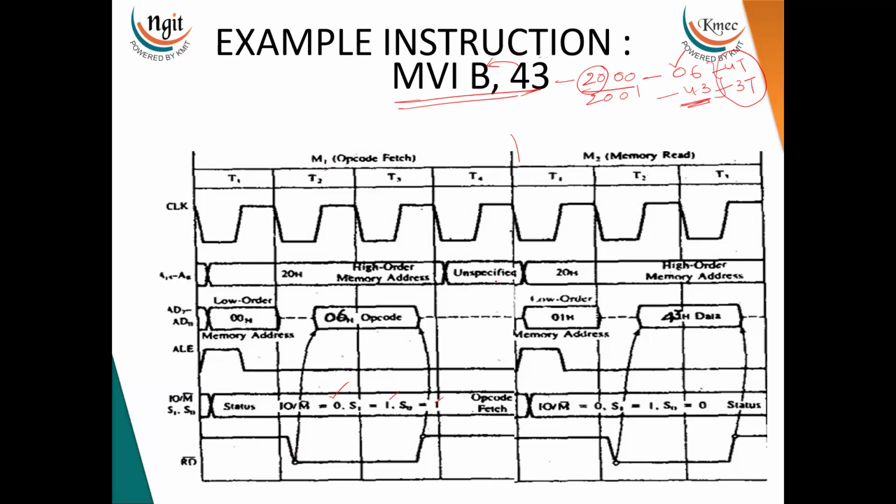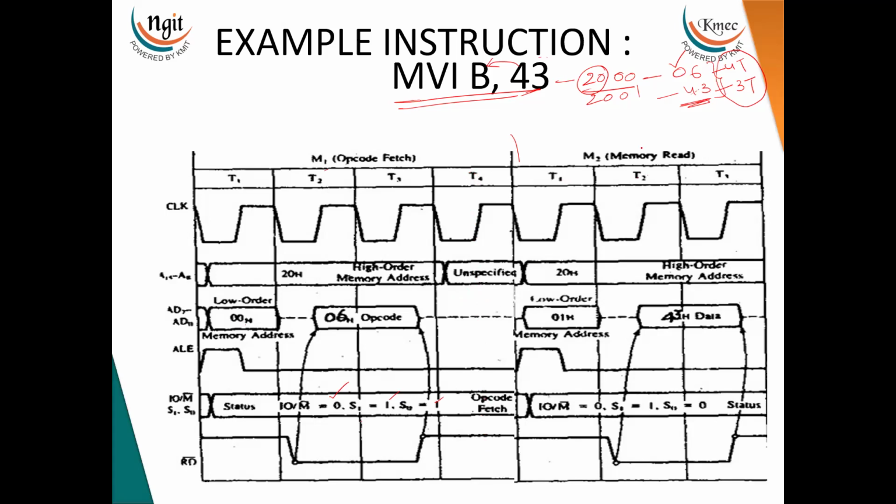Now for the fourth T state, after fetching the opcode, this opcode is loaded into the instruction register, and after that the instruction will be decoded in this fourth T state.